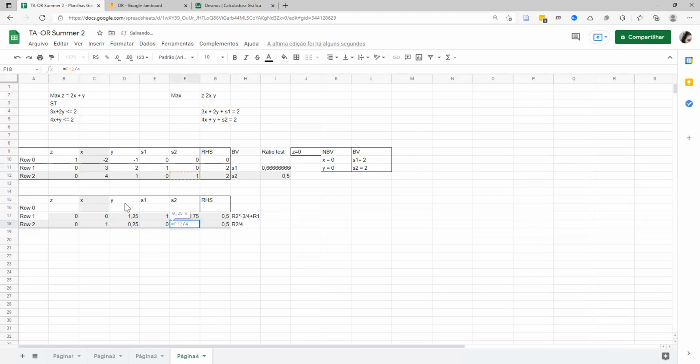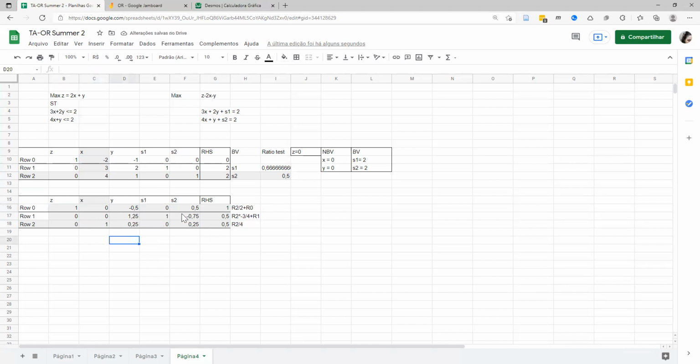It's the same operation. Now for the last one, we can divide row 2 by 2 and sum to row 0. So it's row 2 divided by 2 plus row 0. That's perfect.